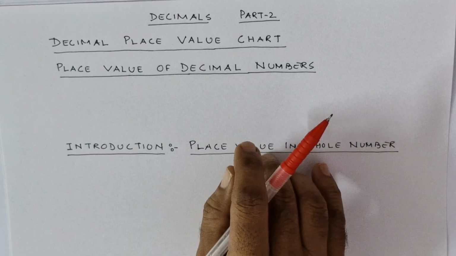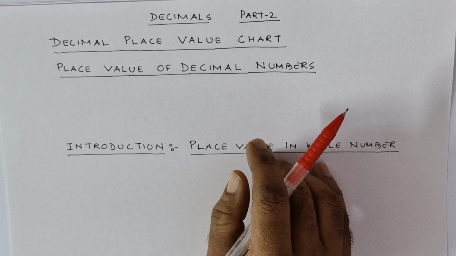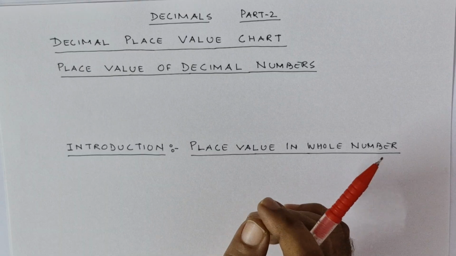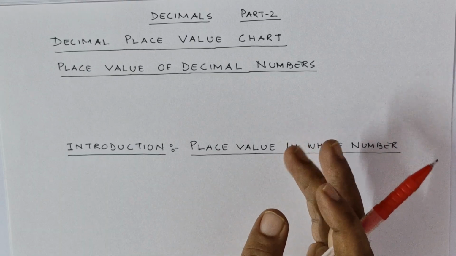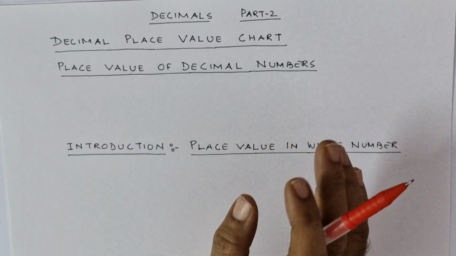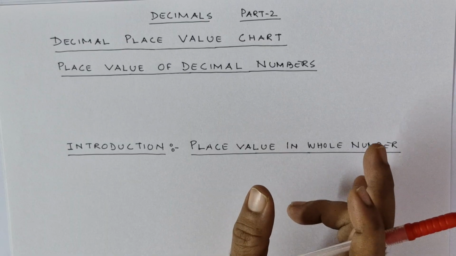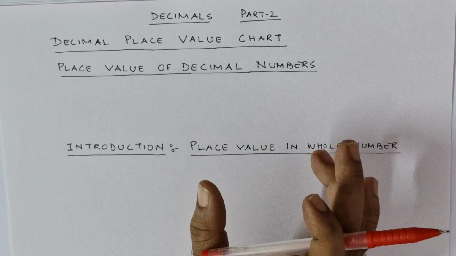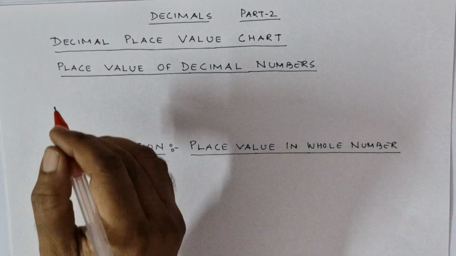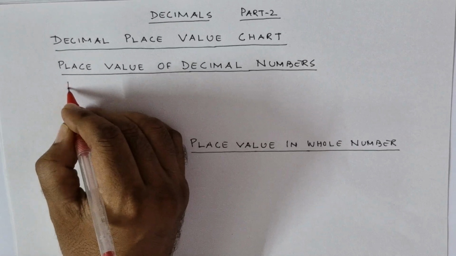Okay, so let's start. So now students, please remember another definition of decimal. In the last lecture we learned a definition of decimal. Here I'll give you another definition of decimal. Please remember this. This will help you.